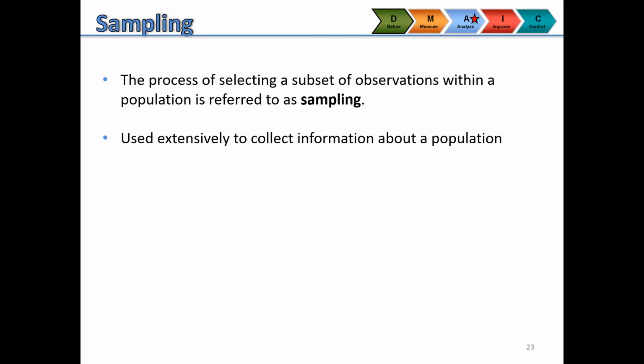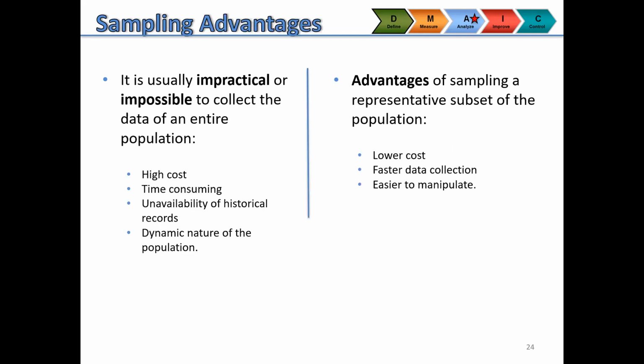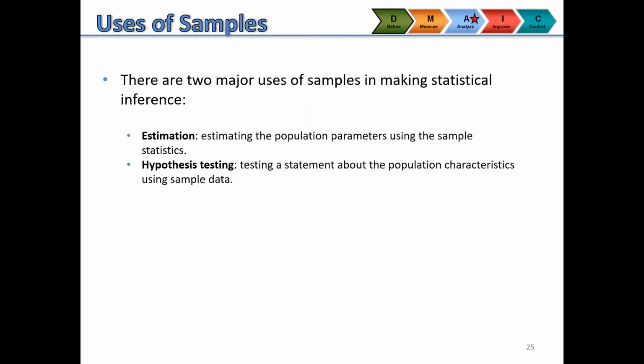We're using a sample and trying to make inferences about health or lack thereof. It's usually impractical or impossible to collect data for the entire population: cost, too much time, etc. The advantages of samples are lower cost, faster data collection, and easier manipulation. Uses of samples are estimating population parameters and hypothesis testing, testing a statement about the population characteristics using sample data.